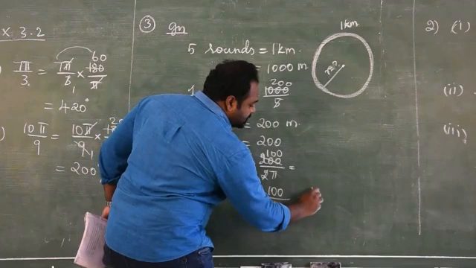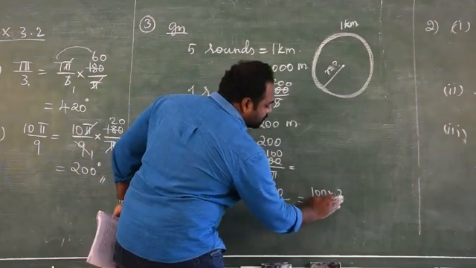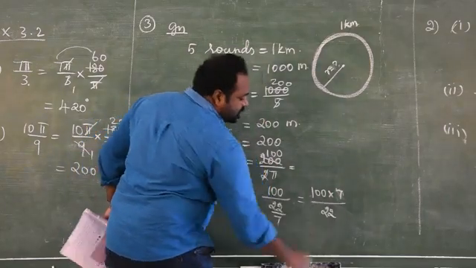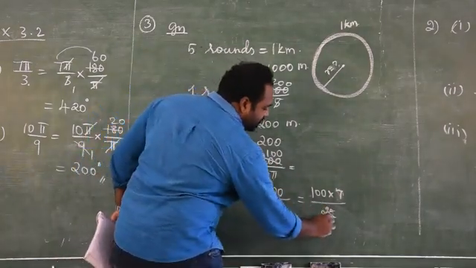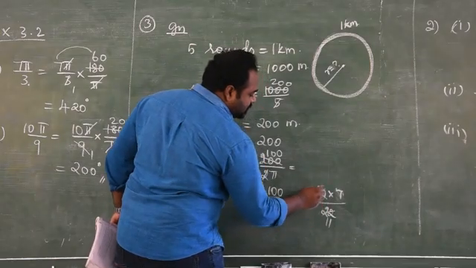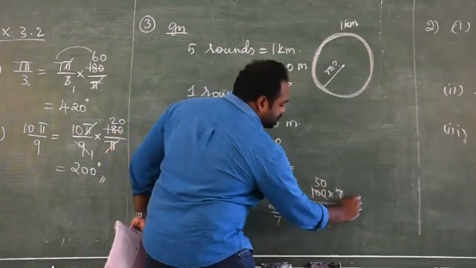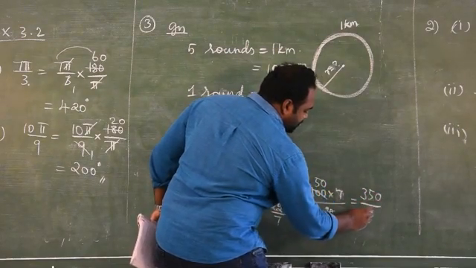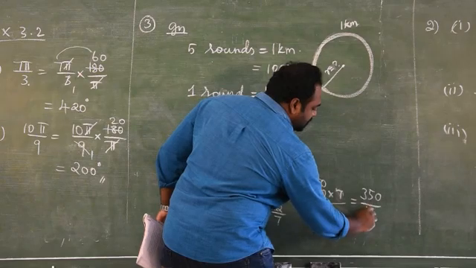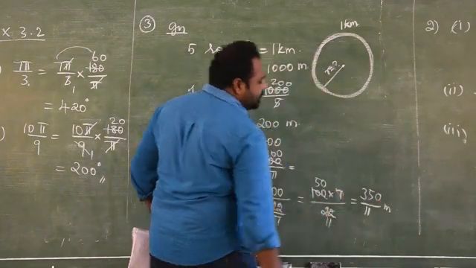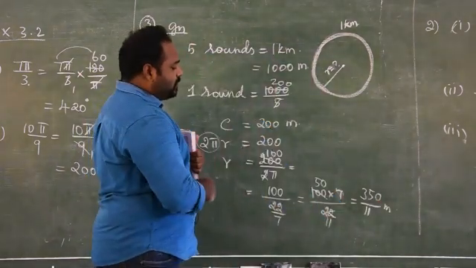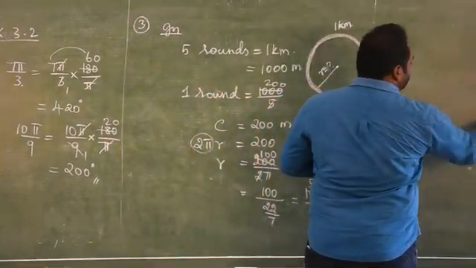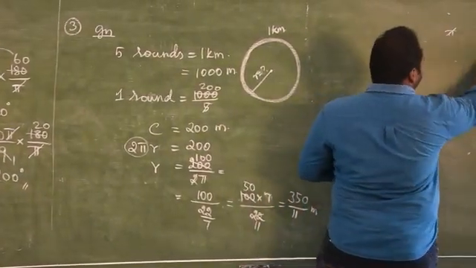So this can be written as 100 into, we can carry this denominator to the numerator, 7 by 22. So here 11 times, here 50 times. So 350 by 11 meter radius. If you want to give the perfect value, we can divide this and give you the perfect value for the radius.